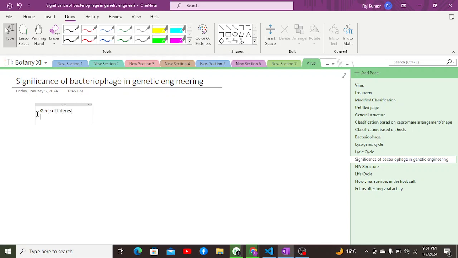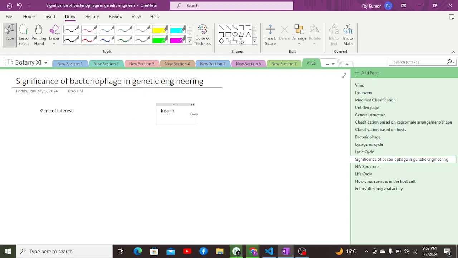So a gene of interest is a gene. For suppose I want a genetically modified product, which is known as insulin. Let me suppose I need insulin.